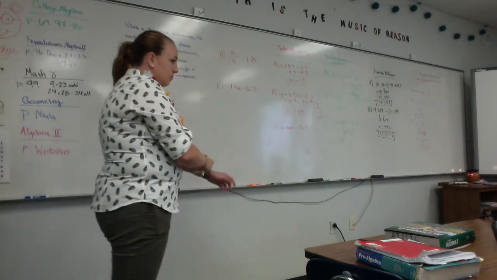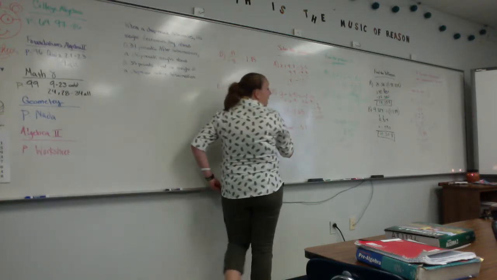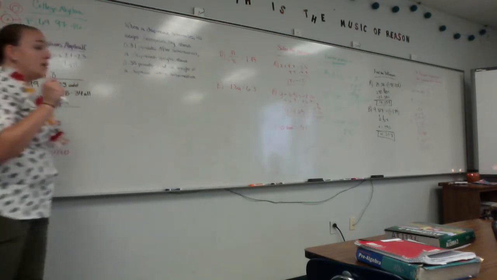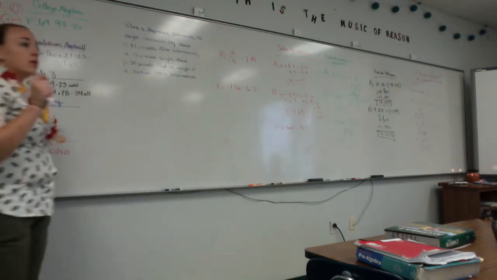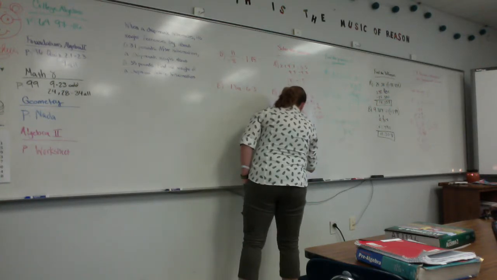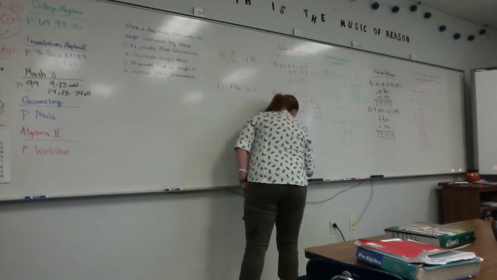Okay. How do I solve negative 0.6m equals negative 5.1? You divide by negative 0.6. Okay, if I divide by negative 0.6, what is negative 5.1 divided by negative 0.6?